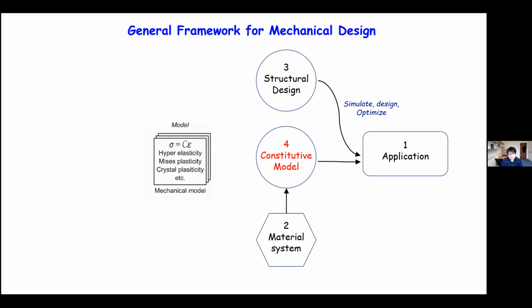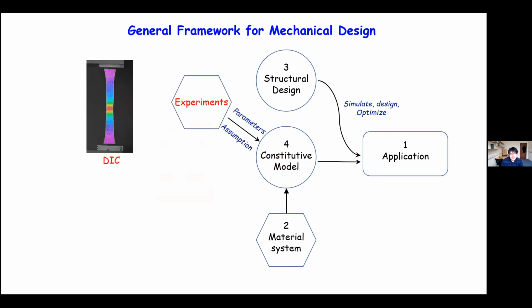And of course, we're all very familiar with this constitutive model. It depends on what material we're looking at. This constitutive model can change, and it can be either plastic or elastic or viscoelastic whatsoever. There are tons or millions of constitutive models out there. But if you ask this question, where does this constitutive model come from?